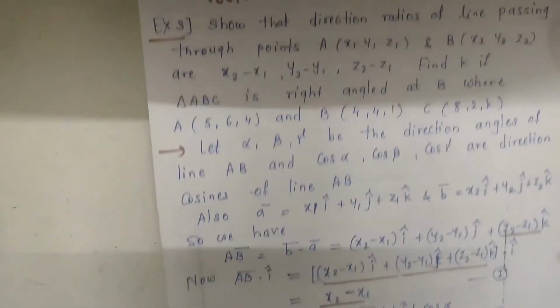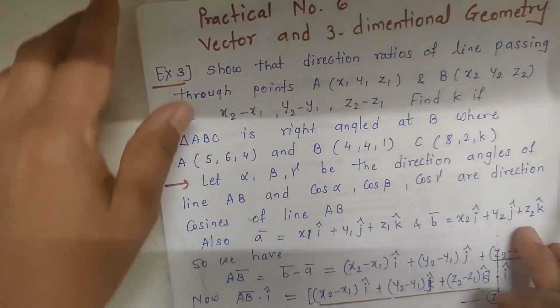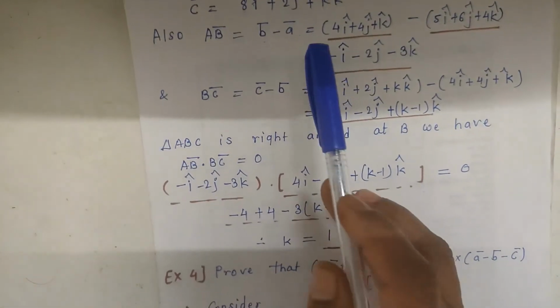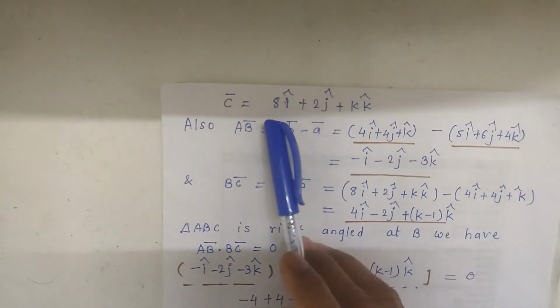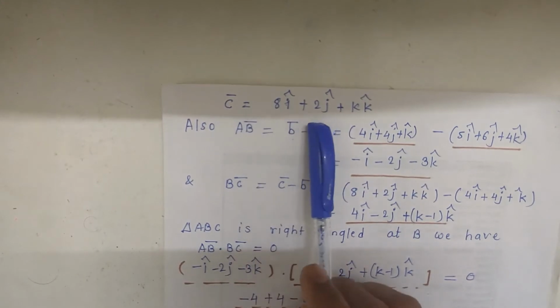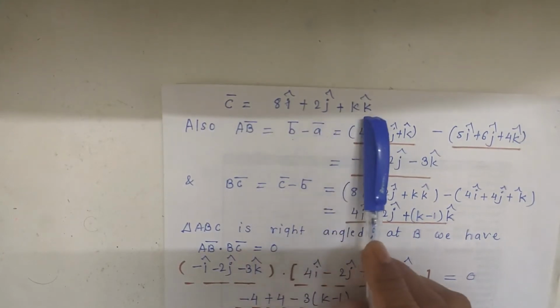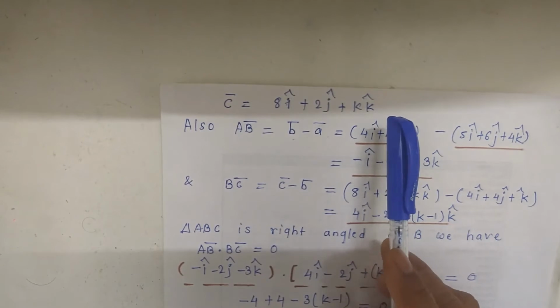Also the value of C bar, from the given coordinates of point C, we can write C bar is equal to 8i cap plus 2j cap plus k into k cap.